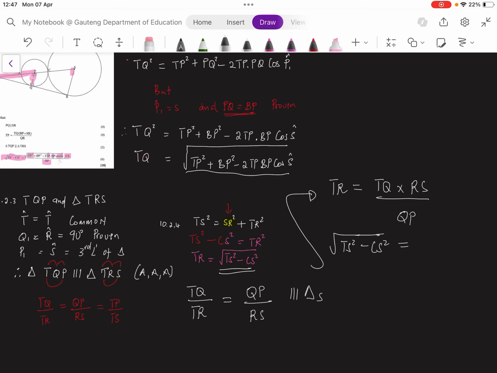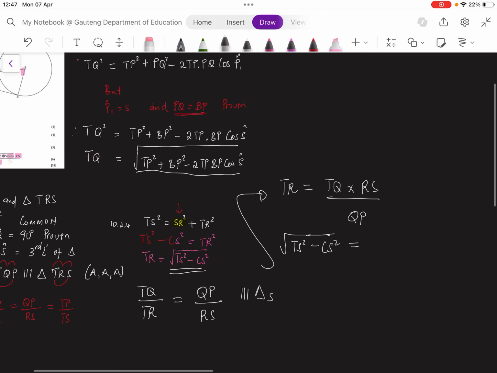Instead of TQ, we can put all this, the square root of TP squared plus BP squared minus 2TP BP cos S. And then do we need RS?